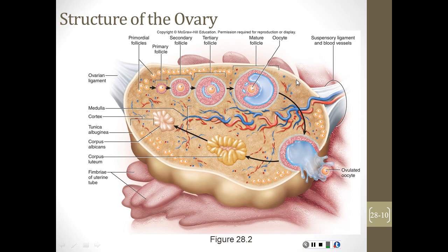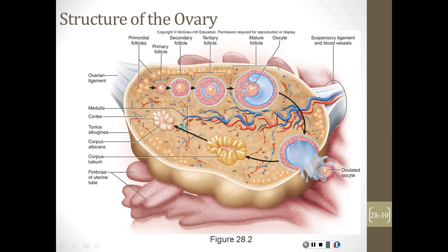Now, the interior of the ovary is indistinctly divided into the outer cortex, where the germ cells are going to develop, and a central medulla, which is occupied by the various arteries and veins.